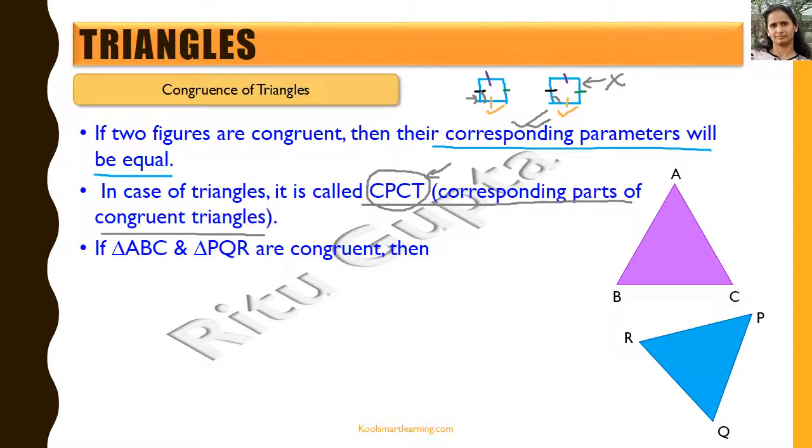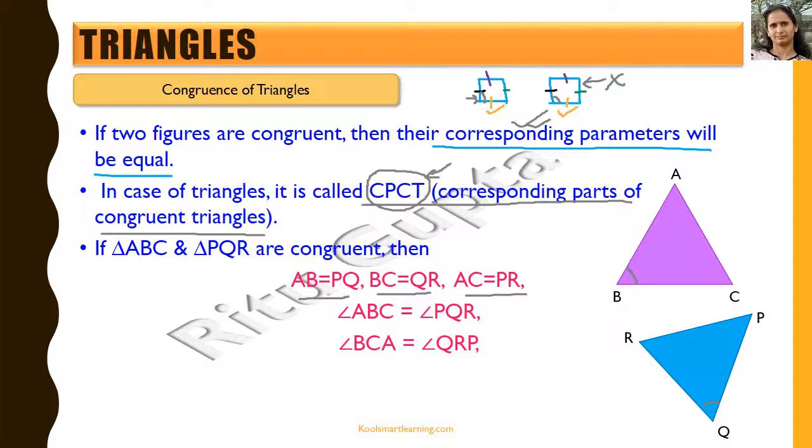Now if these two triangles are congruent, then we can say that AB is equal to PQ, BC is equal to QR, AC is equal to PR, and angle ABC, which is this angle, would be equal to angle PQR, which is this angle, and angle BCA, this angle, would be equal to angle QRP, and angle CAB will be equal to angle RPQ. So their corresponding parts are equal.